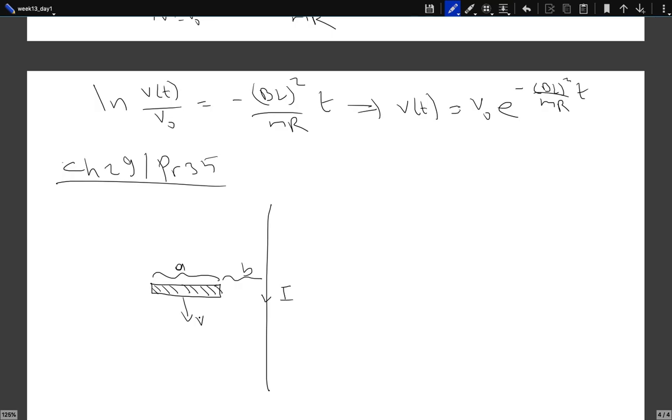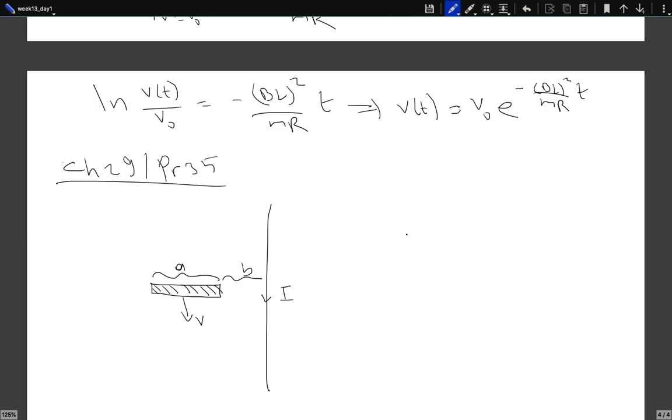What is the EMF between the endpoints? Now, we don't have time to solve it in all detail, but let me just give you the key points.